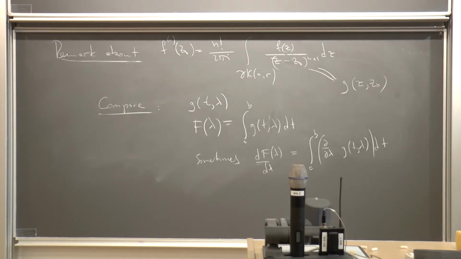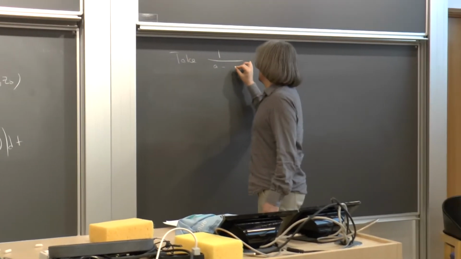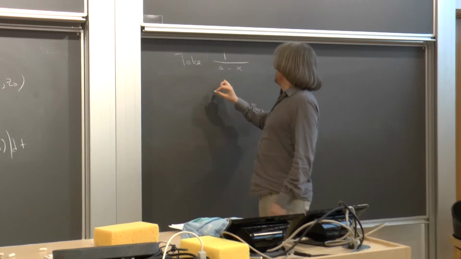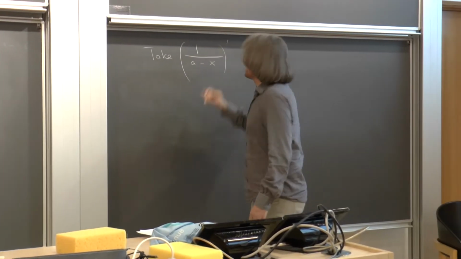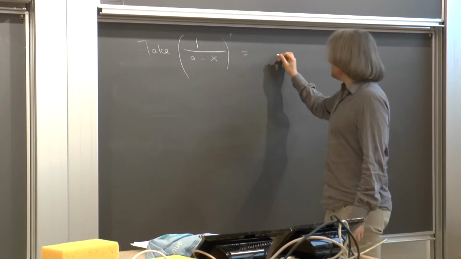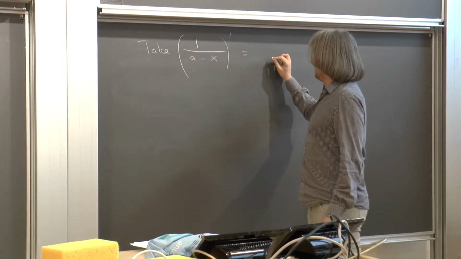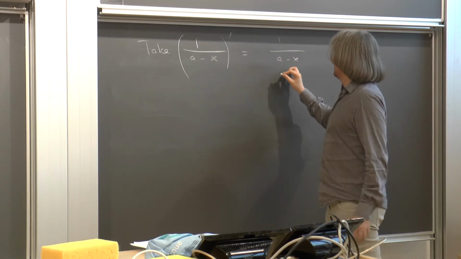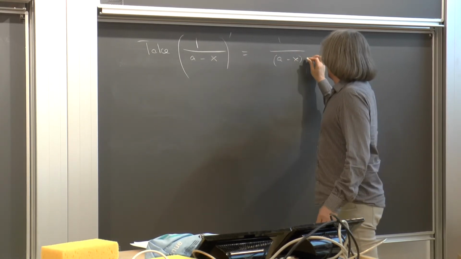So let's take the function 1 over, say, a minus z, or maybe not to mix with z, a minus x, and differentiate it once. We'll get 1 over a minus x squared.